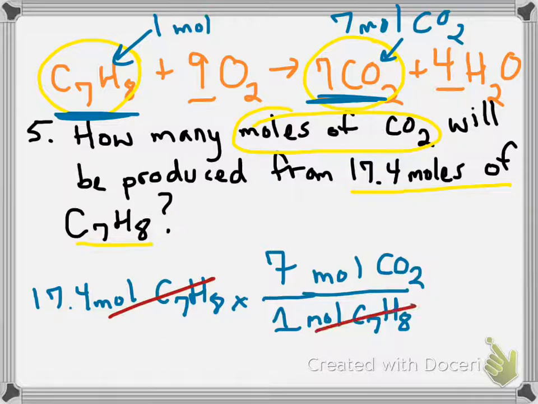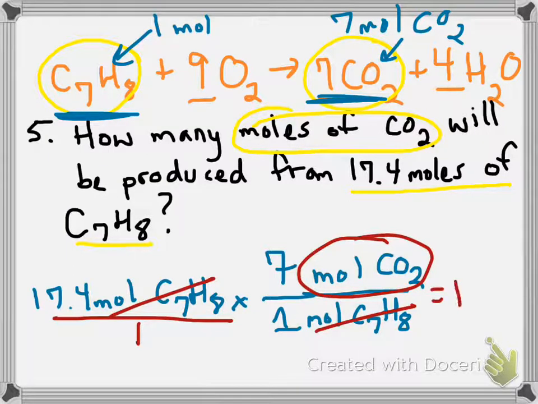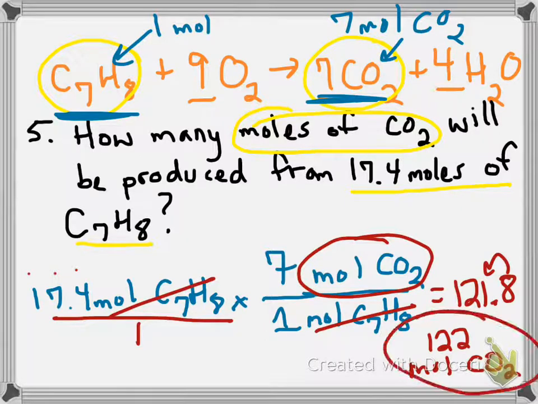So my moles of C7H8 cancel out, and I'll be left with my moles of carbon dioxide. Then I just need to multiply by my numerators, and this is like over 1, and divide by my denominators. I get 121.8. But notice there are 3 significant figures that are given, so I'm going to round this to 122 moles of CO2. So that's my final answer.